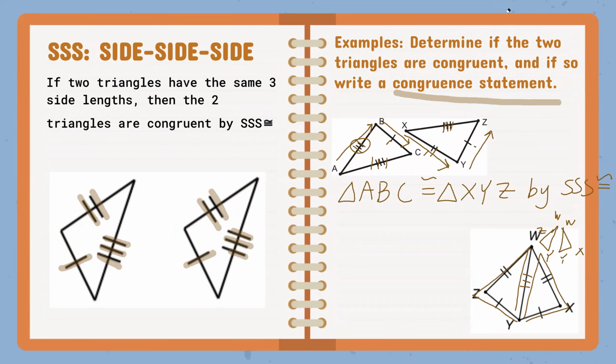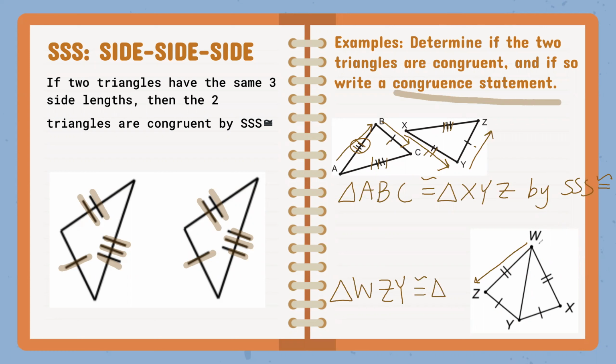So I'm gonna go ahead and write my congruence statement. I'm gonna say triangle, doesn't matter, let's do WZY. I went W down to the Z, so I went across the two lines. So I'm gonna start also at W, go down where the two lines are. So WX, and then from Z I went to Y. So from X, I'm gonna go to Y, right?